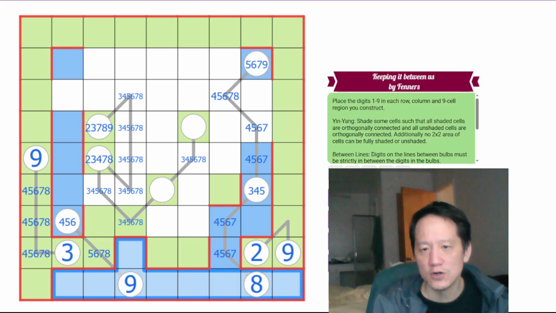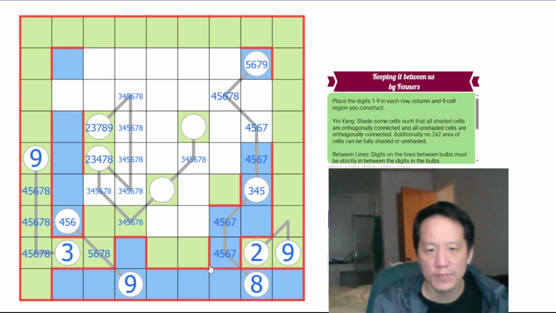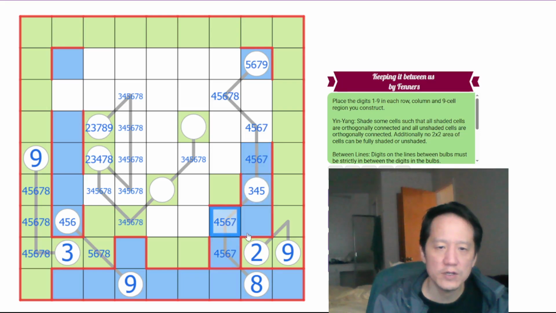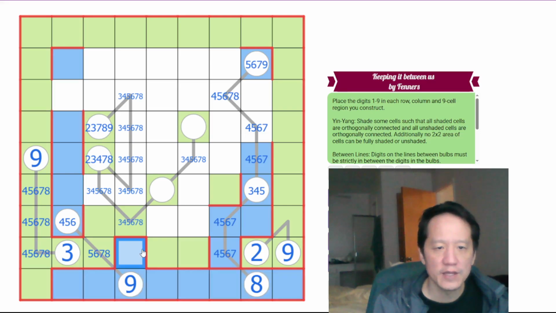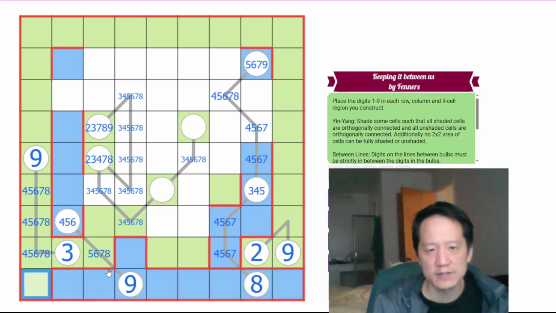So this is all one region then, which means this is a separate region. So we're going to make this, I guess, yellow. The yellow essentially is a blue. Actually, we don't know. We just know with that this is a separate region, right? And this digit has to be the same as that.